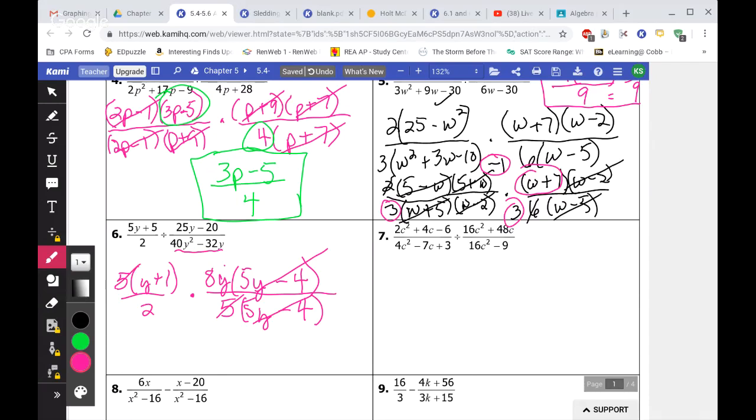Diagonally, I can cancel that. 2 goes into 8 4 times. So I have a y plus 1 left, a 4 left, and a y left at the top, and nothing at the bottom, because everything canceled at the bottom. So my final answer is 4y times y plus 1.